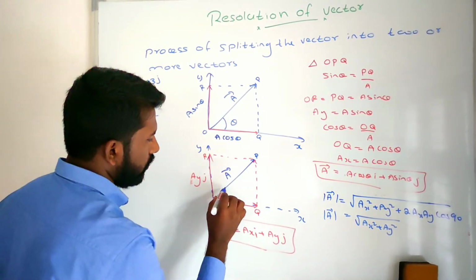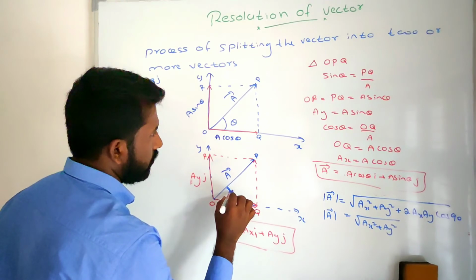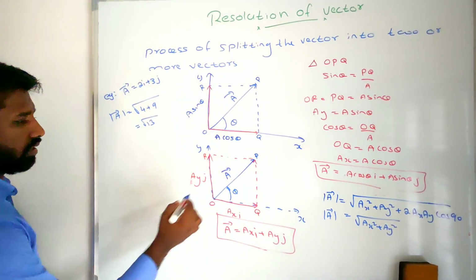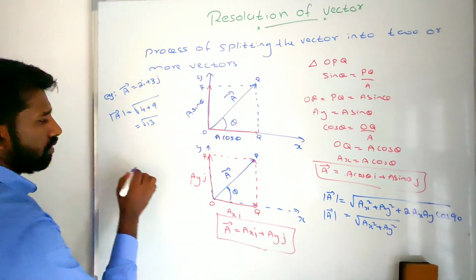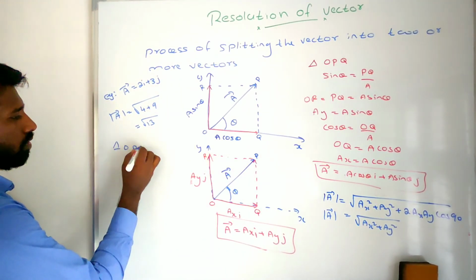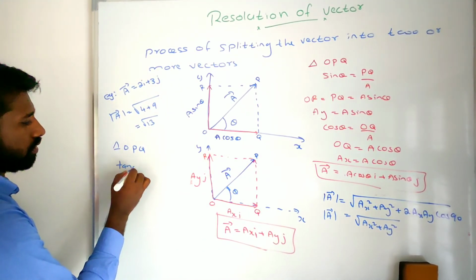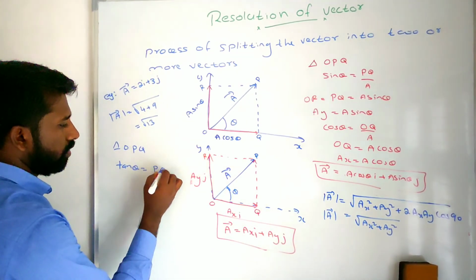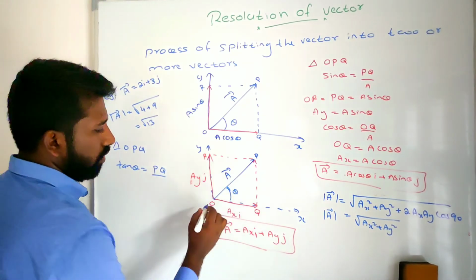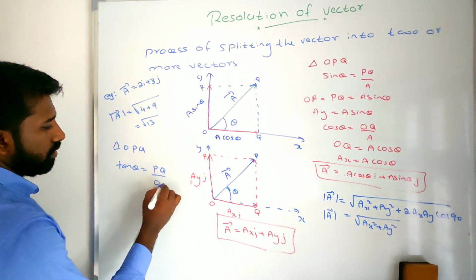Then what about the angle? This is the theta. What about this angle? So from this triangle OPQ, tan theta is equal to how much you get? Tan theta is equal to the opposite side, that is PQ, divided by the adjacent side, that is OQ.